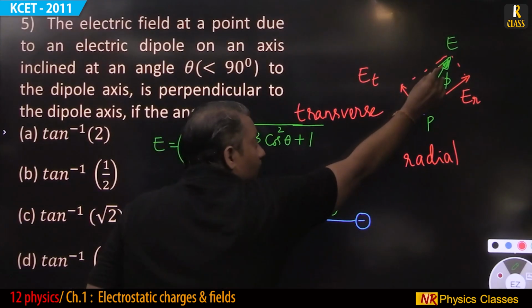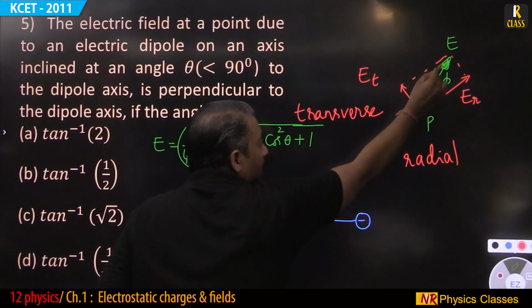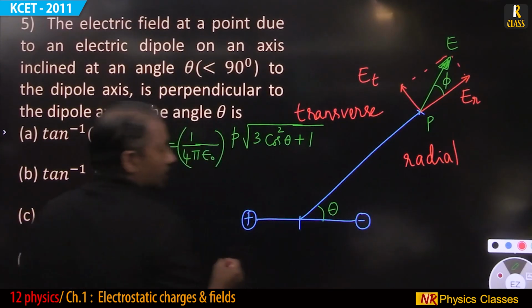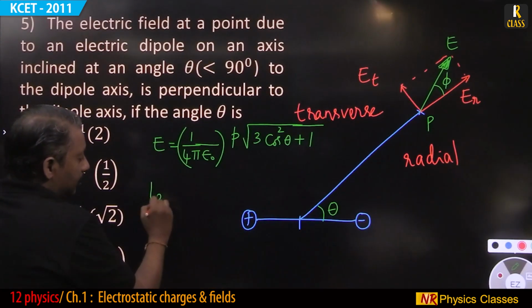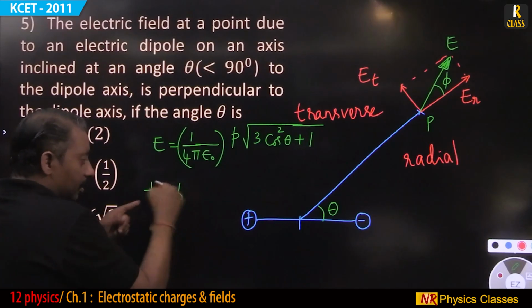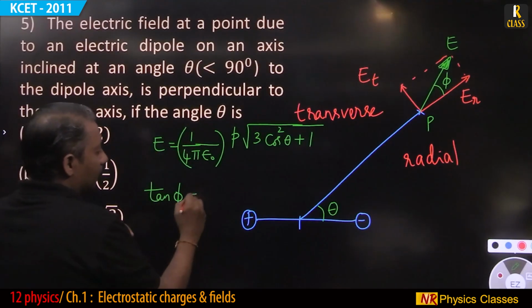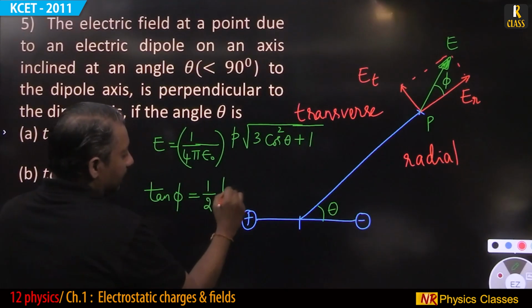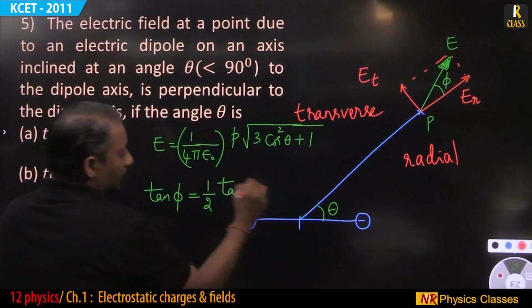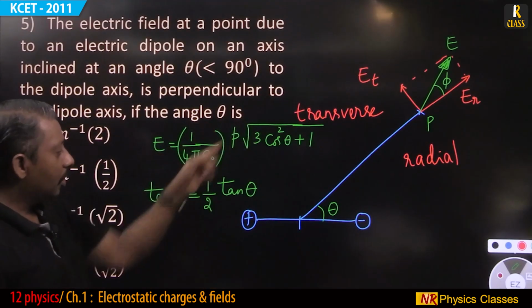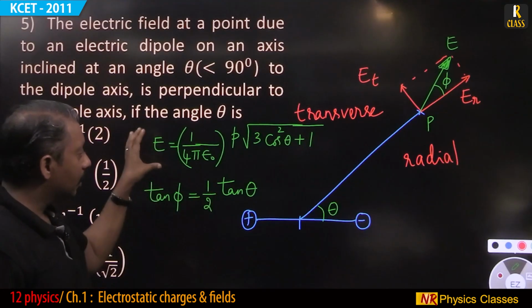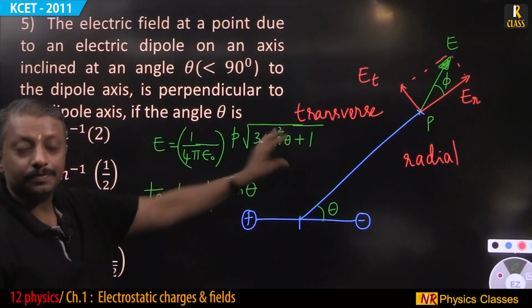How to decide direction of this electric field? That is by phi. So expression for phi, tangent of that angle equal to half of tan theta. So tan phi equal to half of tan theta gives direction, and this equation gives magnitude.